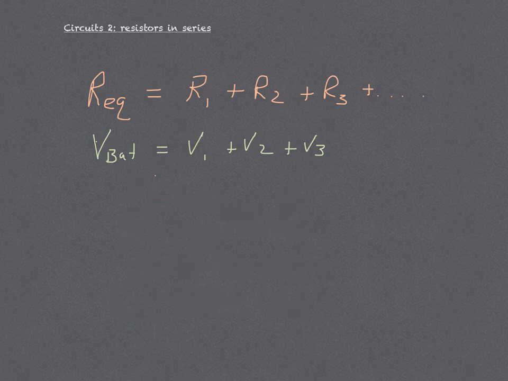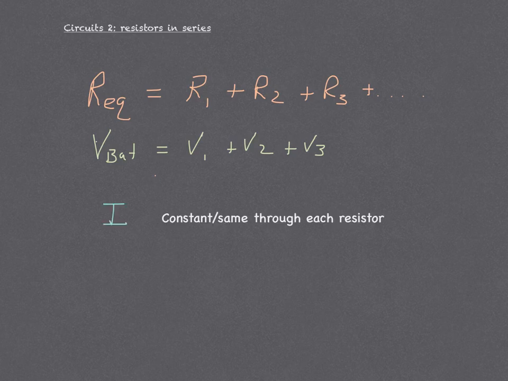Last thing would be looking at the current through the circuit whenever we have multiple resistors. Since there's only one path to flow, the current is constant throughout the circuit, which is why we pulled it out of our loop rule equation.